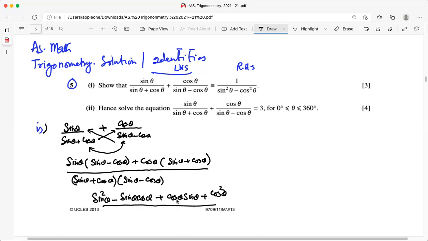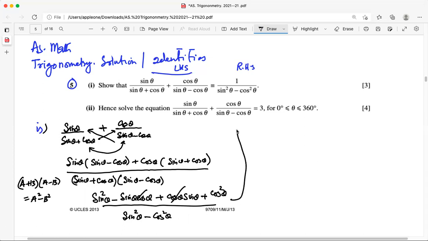Divide by, now as we know, these two terms are gone. Divide by, now there's a rule, a plus b into a minus b is a square minus b square. So we get sine square theta minus cos square theta.